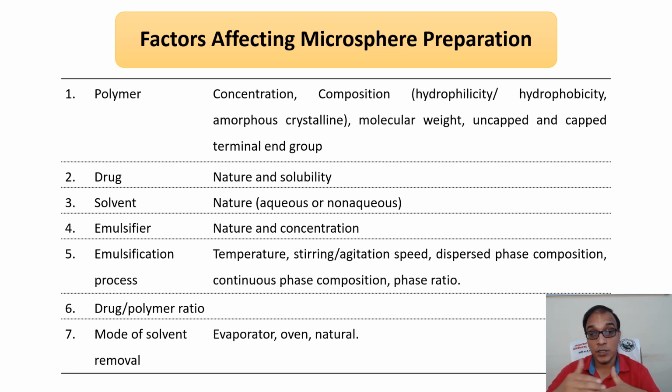For the emulsification process, the temperature, stirring or agitation speed, dispersion phase composition, continuous phase composition, and phase ratio. And drug polymer ratio is another important factor. Then the mode of solvent removal, in which way you are removing the solvent from the mixture, either evaporating, by oven, naturally, or by other means.